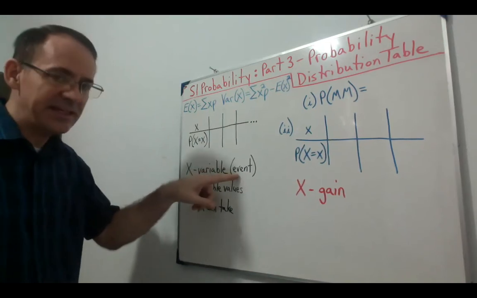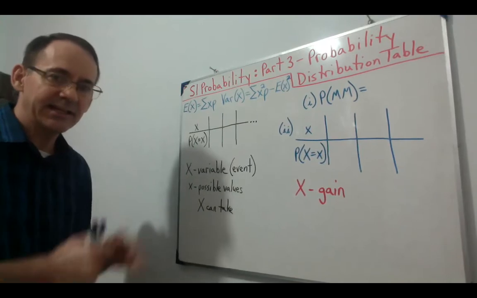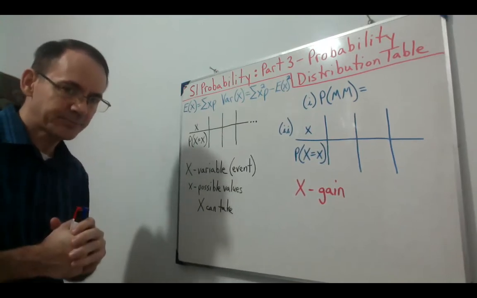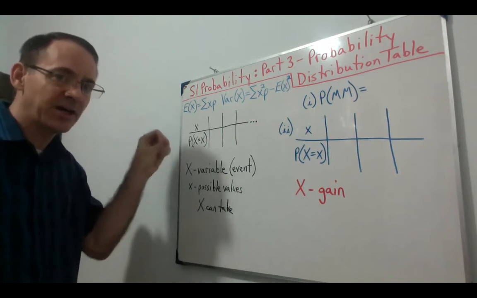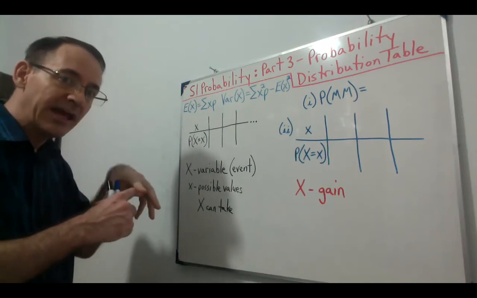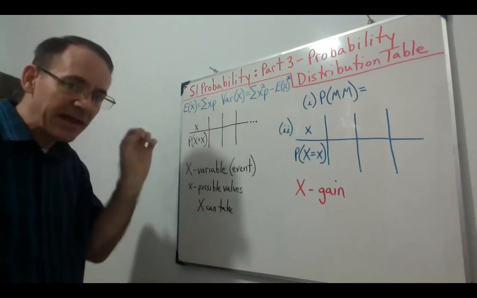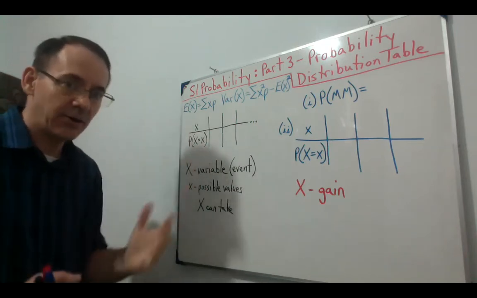And it is the event that you are analyzing in this particular question. So it's a specific aspect of the event that you are analyzing, and you want to look at all the ways that that one aspect of this event plays out.